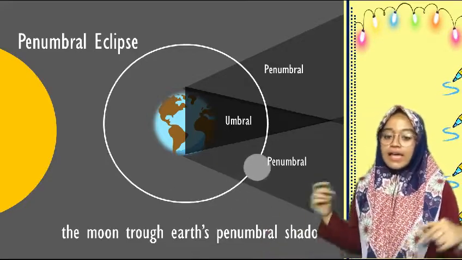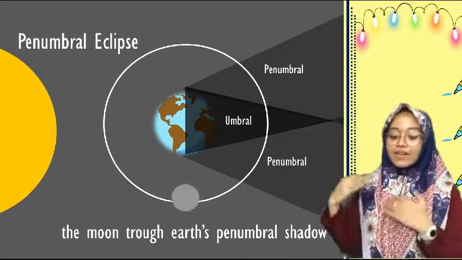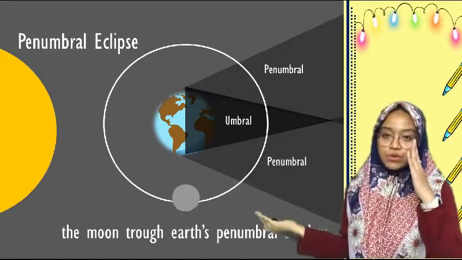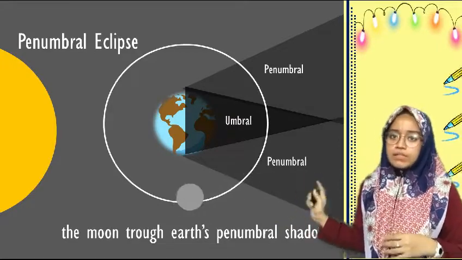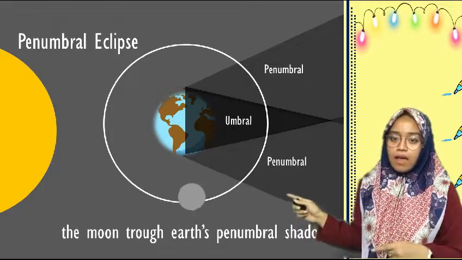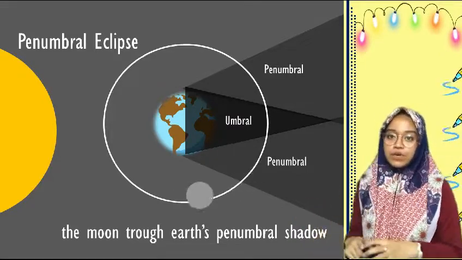But in a penumbral eclipse, the moon goes through Earth's penumbral shadow. You can look at this picture. In this animation, you can imagine that the moon just goes through Earth's penumbral shadow.